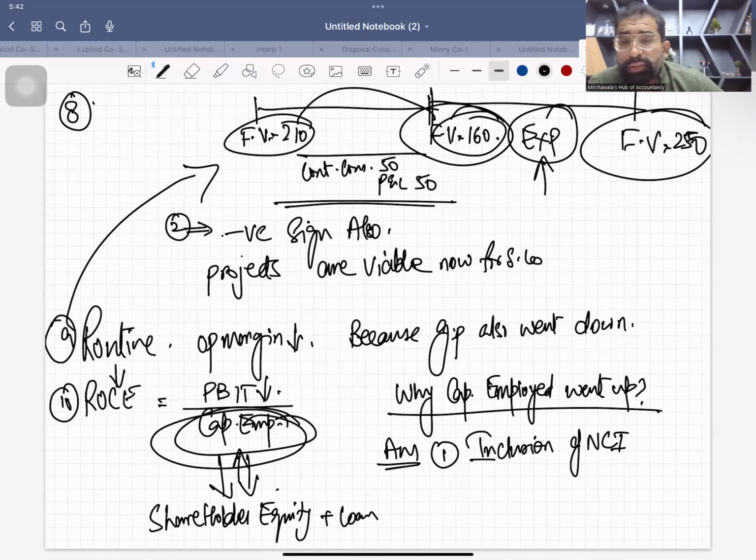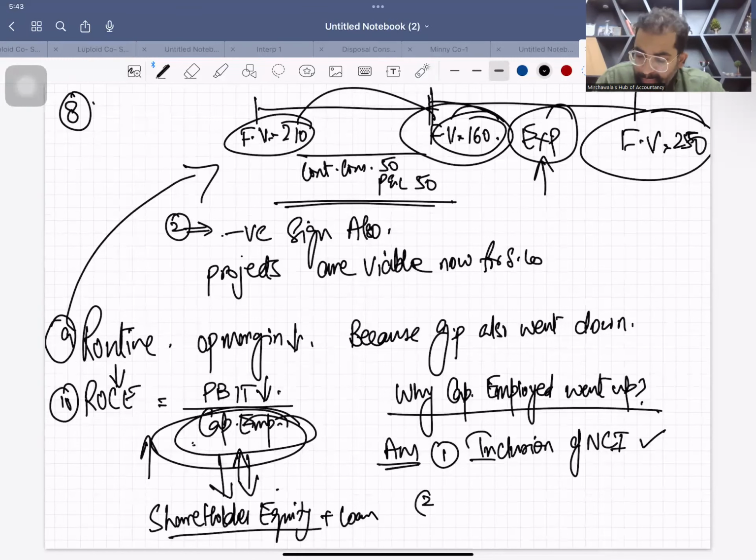When you talk about the shareholder equity of the group, NCI is always there. So there is one extra NCI in the denominator. Because of this, your denominator went up, and your ROS went down.